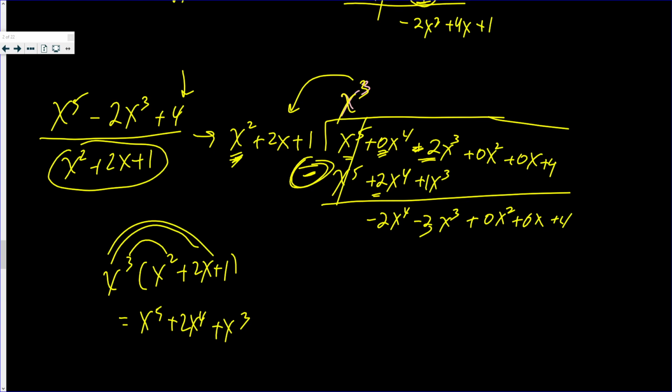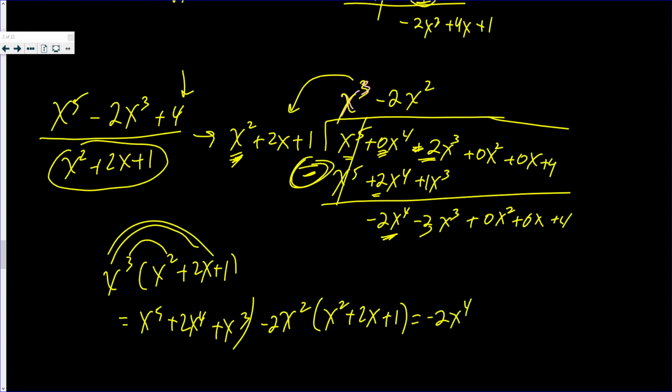What do you multiply x squared by to get negative 2x to the 4th? Well, you need the negative 2 and another x squared. And then you multiply negative 2x squared by what's in front, and you'll get negative 2x to the 4th minus 4x cubed minus 2x squared.